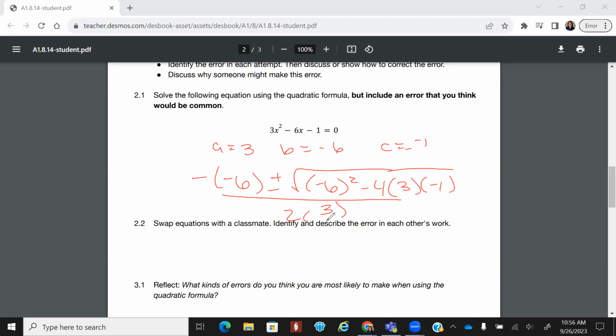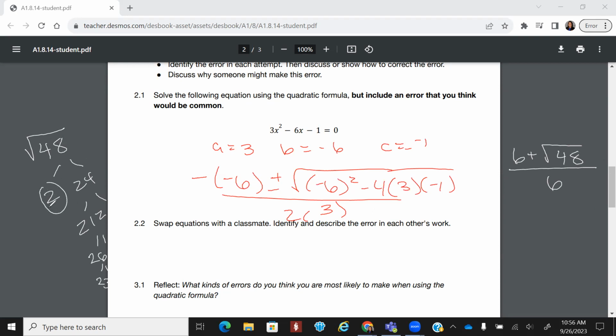Now, we're going to simplify. So what's on the outside is going to be 6. On the inside, you should have gotten the square root of 48. And down at the bottom, we would get +6. Now, do you remember back to unit 3, where if we have this square root of 48, we got to simplify. So 48 divided by 2, divided by 2, divided by 2, and divide by 2.